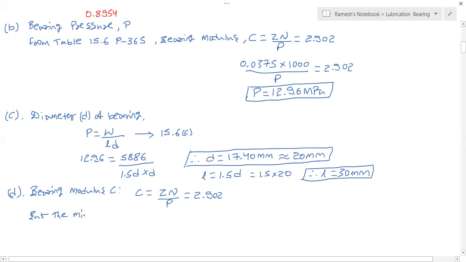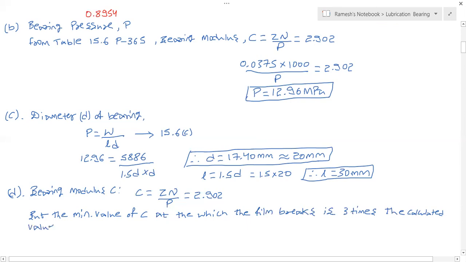The minimum value of C, that is the bearing modulus, at which the oil film breaks, is 3 times the calculated value.